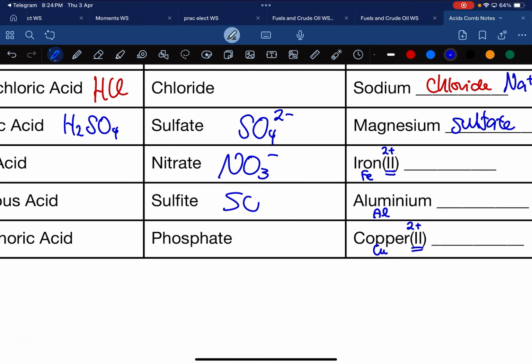Sulfite is SO3, 2 minus. And phosphate is PO4 with a 3 minus charge.